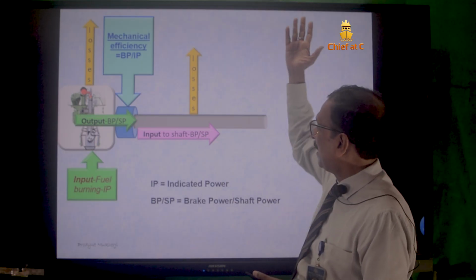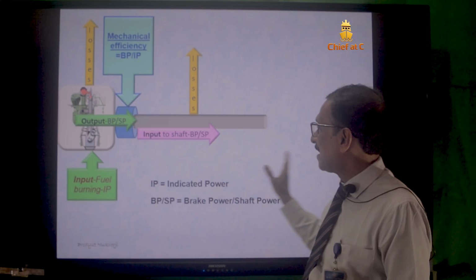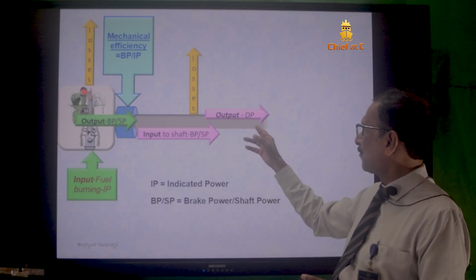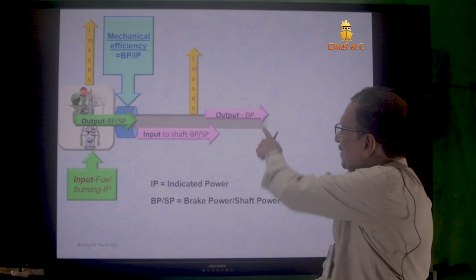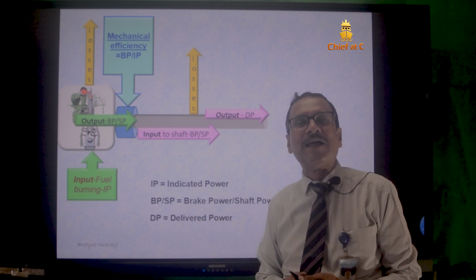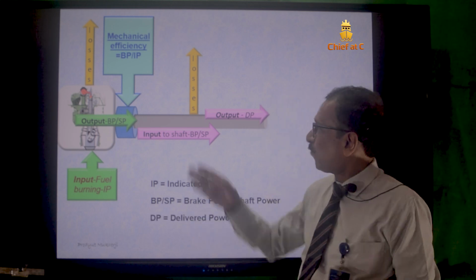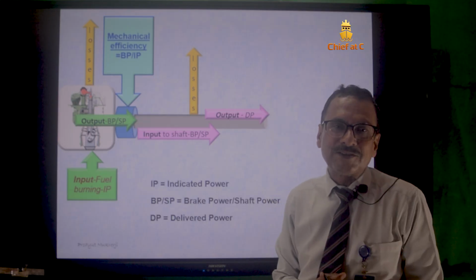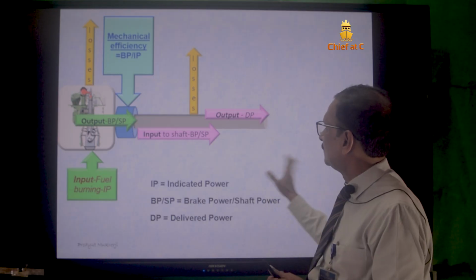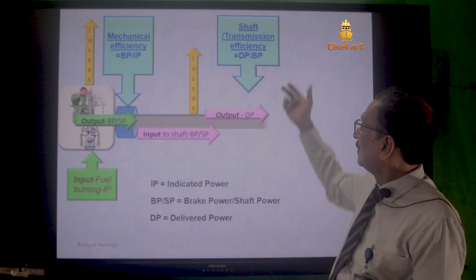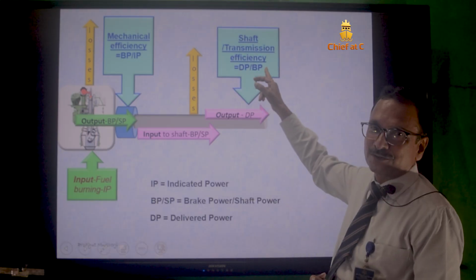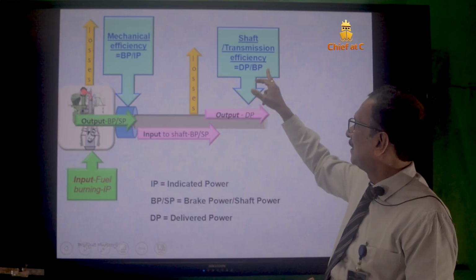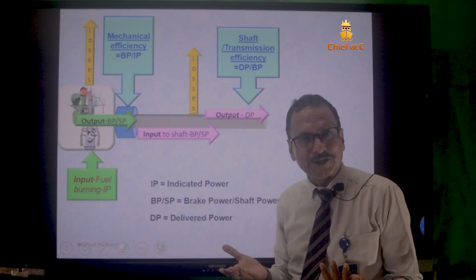The shaft will have its losses, and after the losses, the output from the shaft is called the DP, which is nothing but delivered power. So what would be the efficiency of the shaft, which is also called the transmission efficiency? Yes, output by input. Output is delivered power, input is brake power.